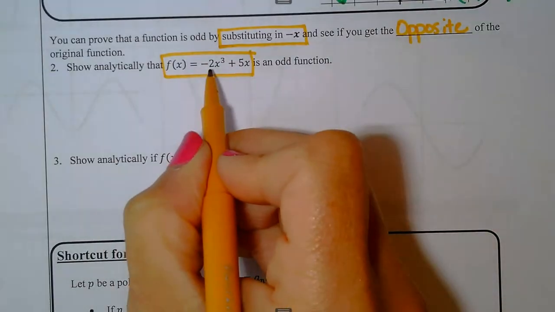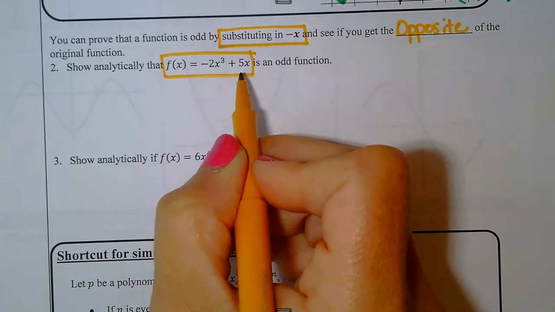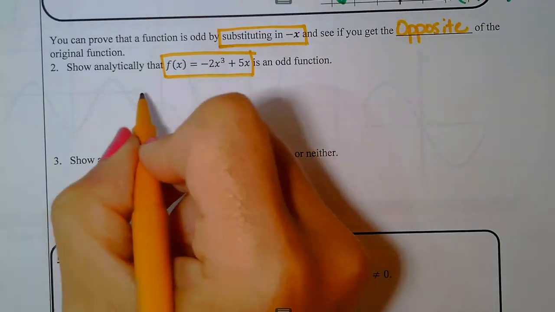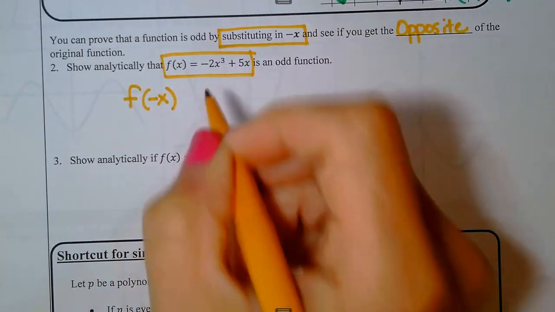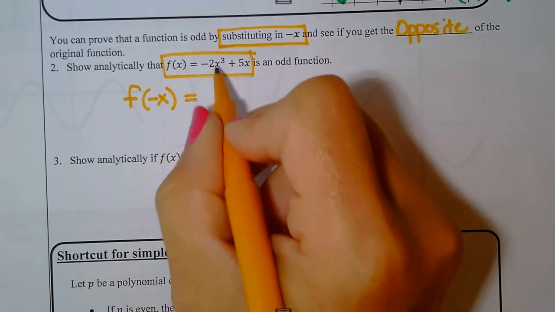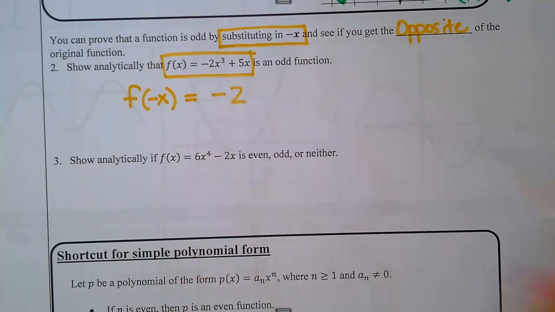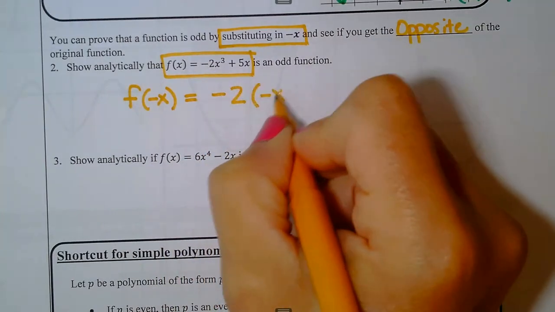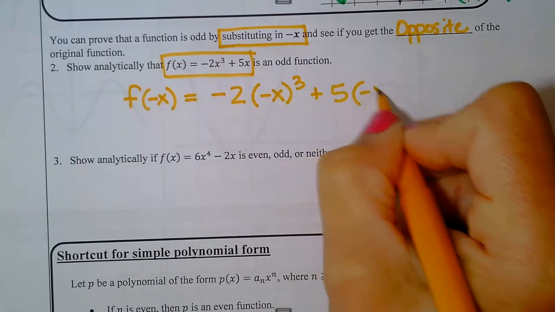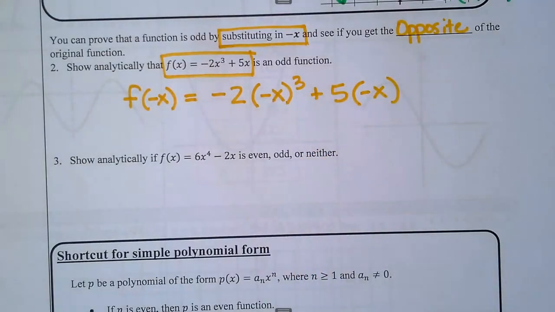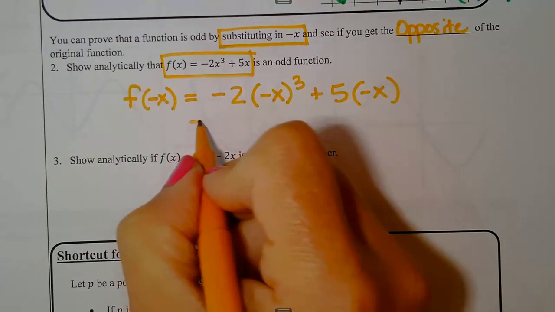So that has to become positive and that has to become negative for it to be odd. How you prove that is I'm going to put in a negative x. So I'm going to rewrite negative 2, that doesn't change, I'm going to make this into a negative x to the 3rd, and then plus 5 times a negative x. So I just took the x out and plopped in a negative x. And then I have to solve this.